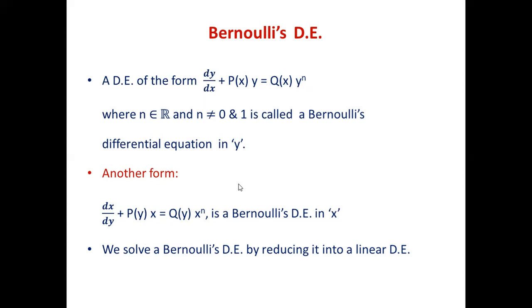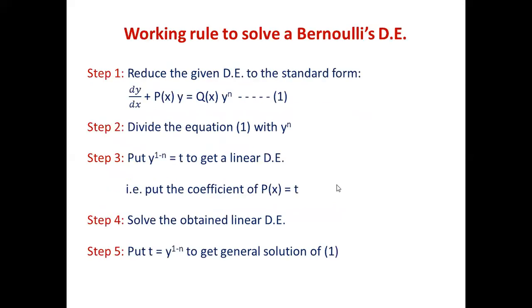How do we solve a Bernoulli's differential equation? We solve a Bernoulli's differential equation by reducing it into a linear differential equation. Here is the working rule to solve a Bernoulli's differential equation. Step 1. Reduce the given equation to the standard form.